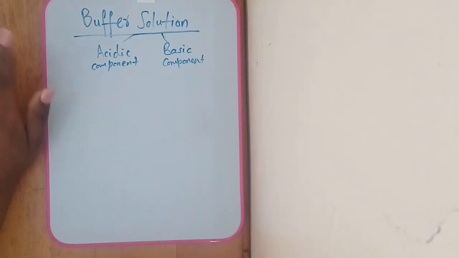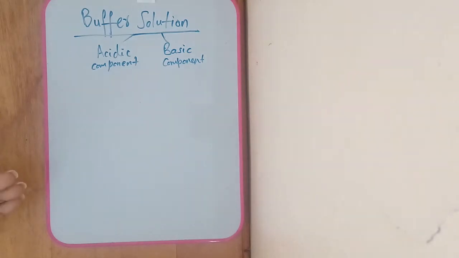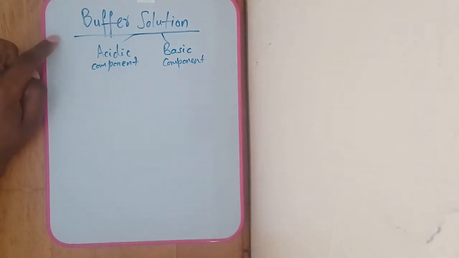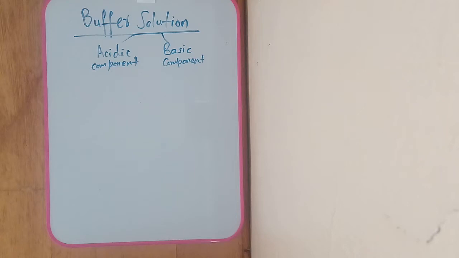So that is why you add the buffer solution. The buffer solution resists drastic changes in pH. So when a strong acid is added in small amounts, or a strong base is added in small amounts, it will not affect the pH of your solution because you have a buffer solution in your solution.